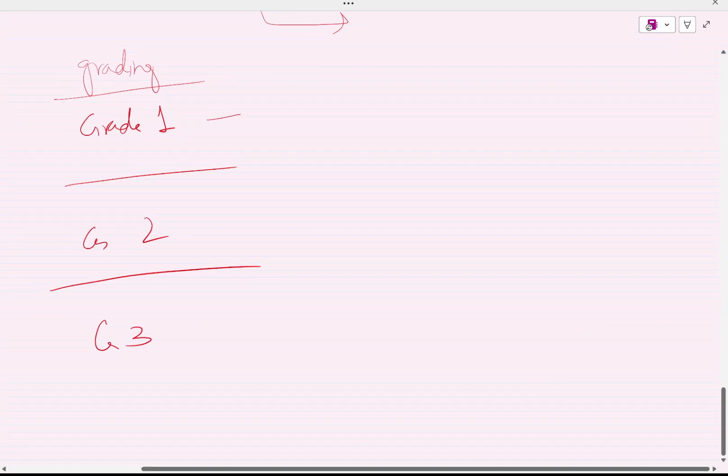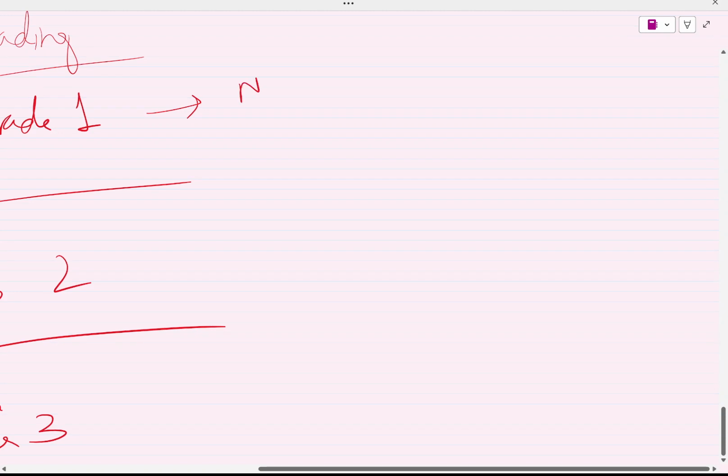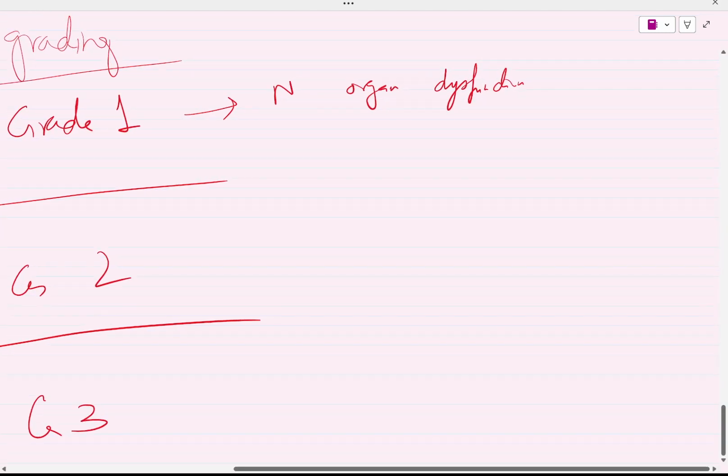If a patient comes with no organ dysfunction, his liver is working fine, his pancreas is working fine, and there are no signs of cholelithiasis or inflammation, no fever or any other systemic complication, you will put him in grade 1. It also tells there is mild acute cholecystitis.